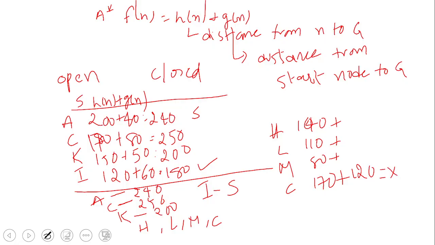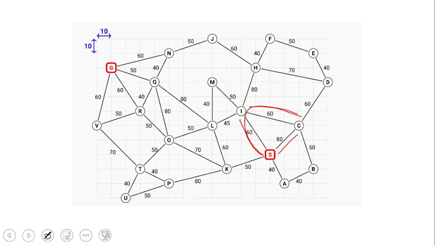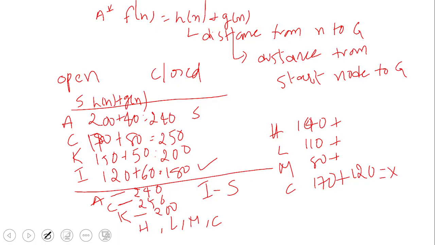But sometimes assume that whenever we are adding these two distances, it may be less than this 80. At that time, the newly calculated value is less than the previous value, so we have to include this value and remove the previous value whenever it is less. But now in our case, it is higher than the previous value. So we are neglecting this value and keeping the previous value as it is.